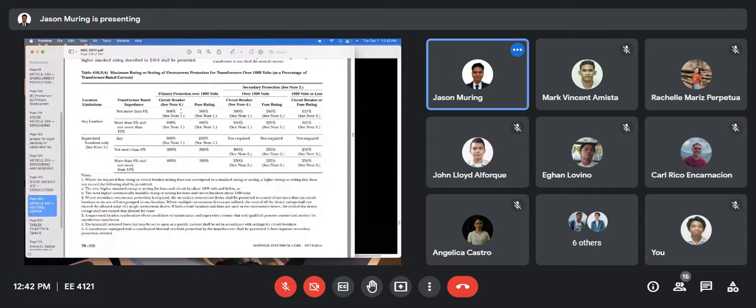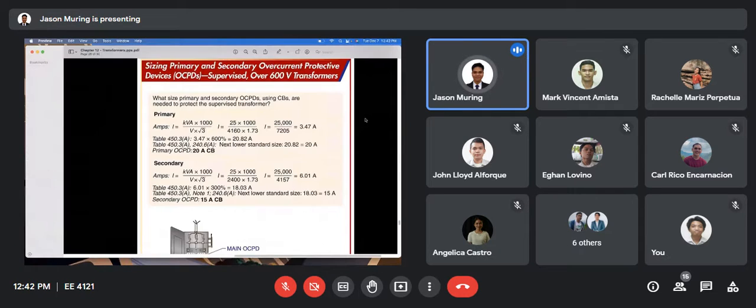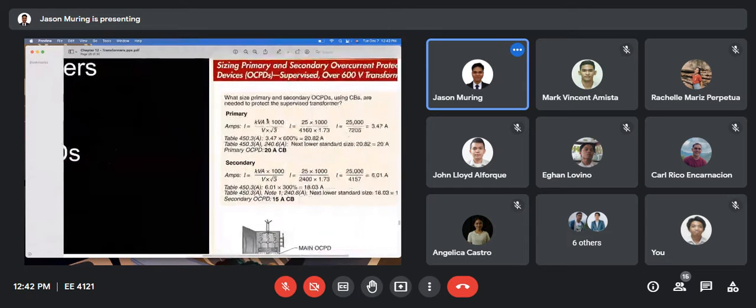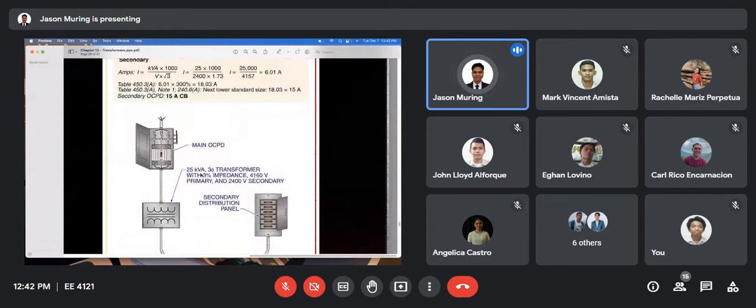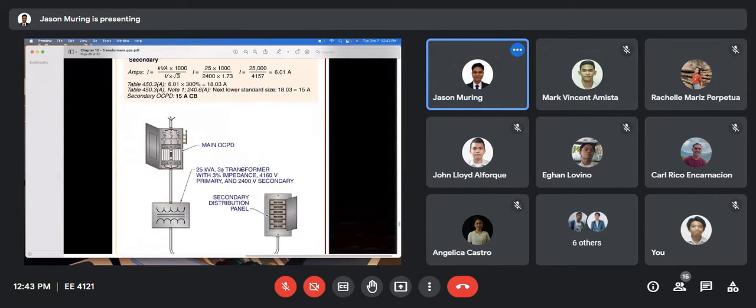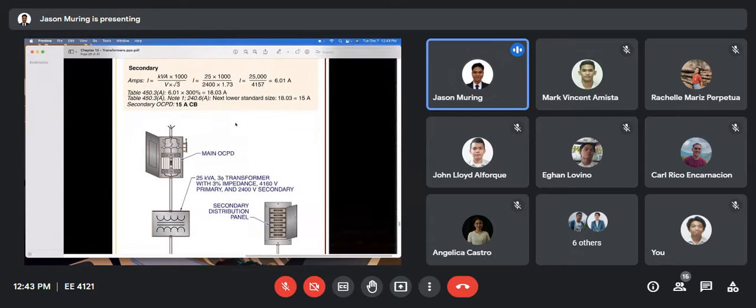And for what is this transformer? We have here 25 kVA, then impedance 3%.